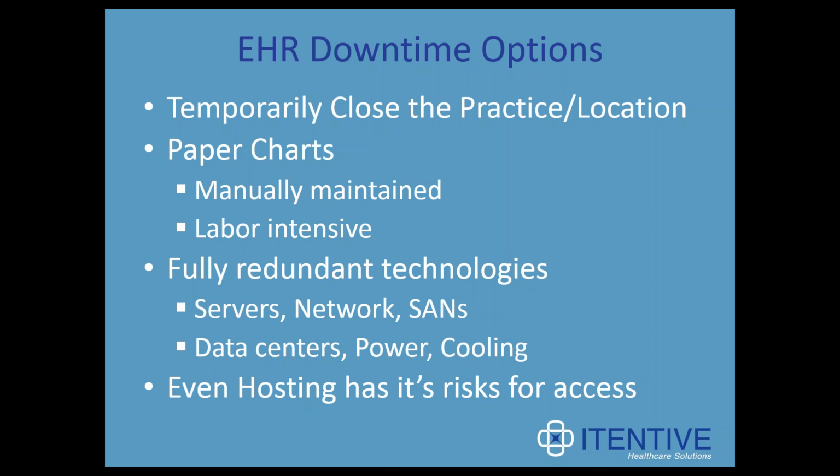We can implement fully redundant technologies, meaning that we could implement additional servers. We could implement additional network connections. We could bring up another data center. We could add another power system or another cooling system. And when we get into adding these other hardware components and network connectivity components, our costs also increase as well.